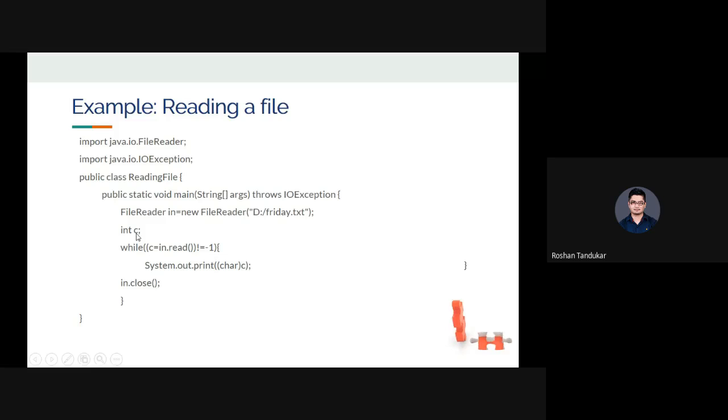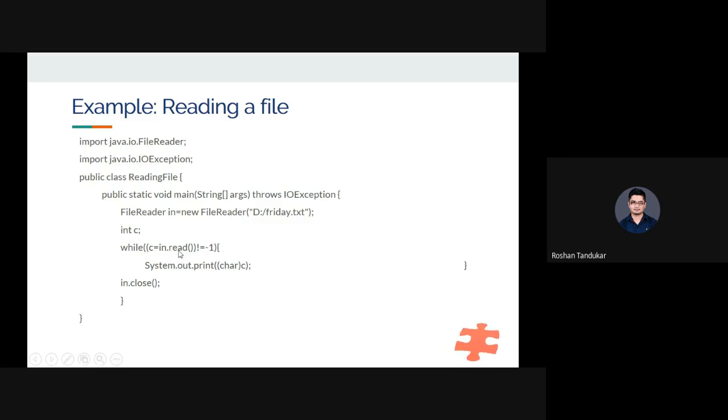Now next one is: int c, isn't it? You are defining c as a character. Now the next part is: while ((c = in.read()) != -1). The new thing is over here. Now check here. First of all, c = in.read() means what? c is integer data equal to in.read(). In is the object that has been created for reading the file. Now read means it will read that file, Friday.txt, from the D drive location.